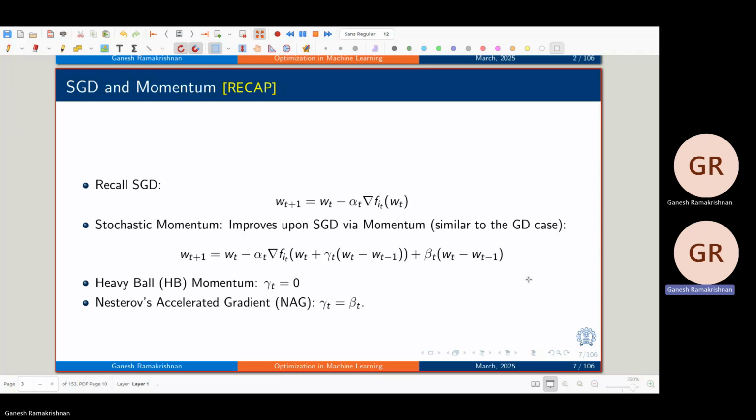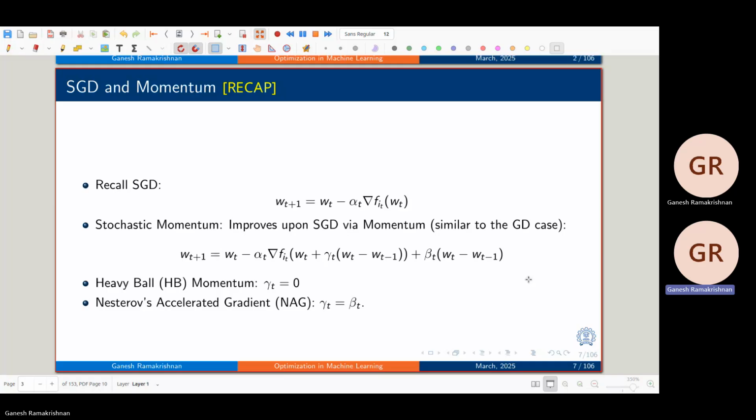That's where we left off. How about adapting both these terms, gamma_t and beta_t, and alpha_t? And what's the ground for adapting?